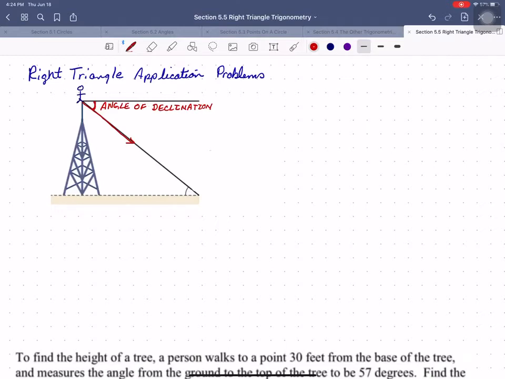Now the other way you can do it, let's make this guy red, he's standing right here on a platform.